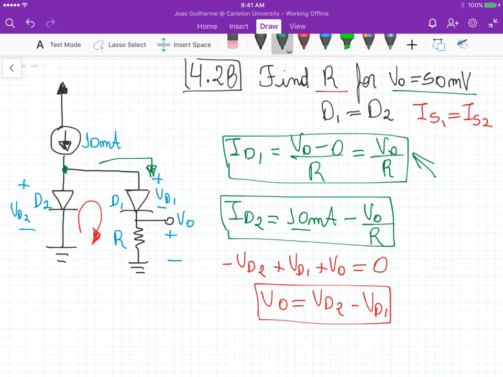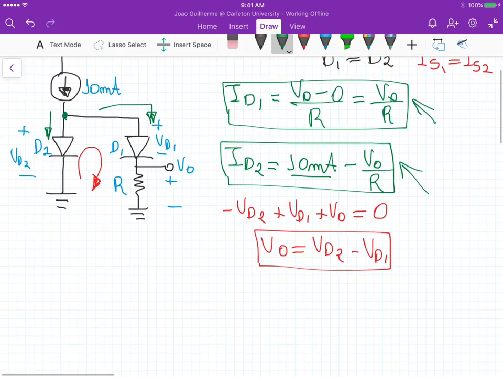So this one entering minus this one leaving gives us the net current leaving through this branch through D2, so ID2. And then a loop analysis, where the sum of the voltages in a closed loop should equal 0, KVL. So we have those three equations.